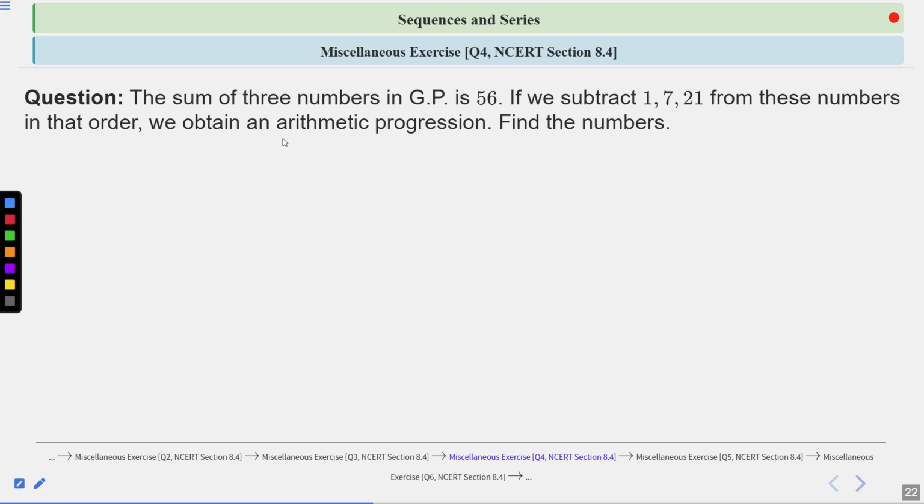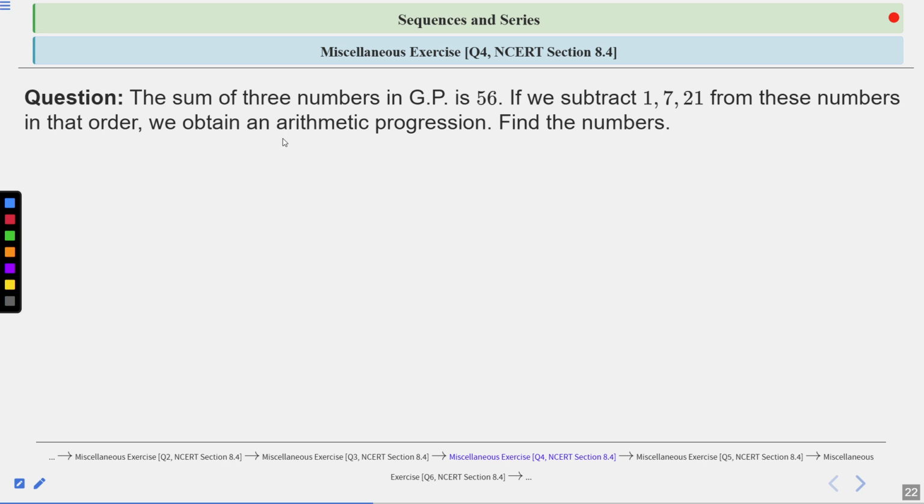Find the numbers. Here, the sum of three numbers is 56. So firstly, you take the first three numbers as a, ar, ar square and apply the given information. You get equation number 1.